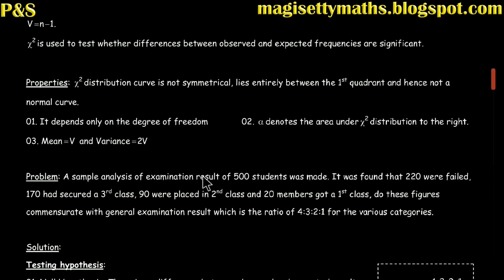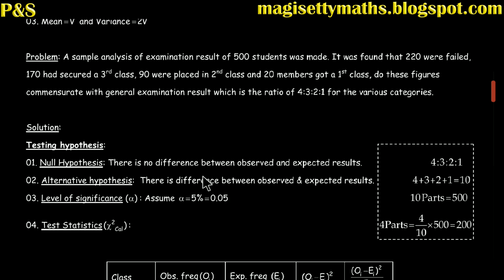Now coming to the example problem. A sample analysis of examination results of 500 students was made. It was found that 220 failed, 170 secured third class, 90 were placed in second class, and 20 got first class. Do these figures commensurate with the general examination result, which is in the ratio 4:3:2:1 for the various categories?